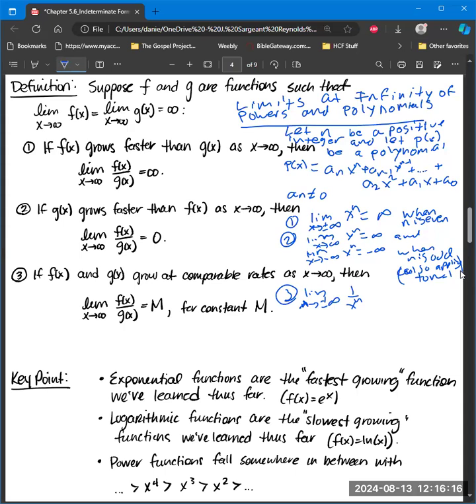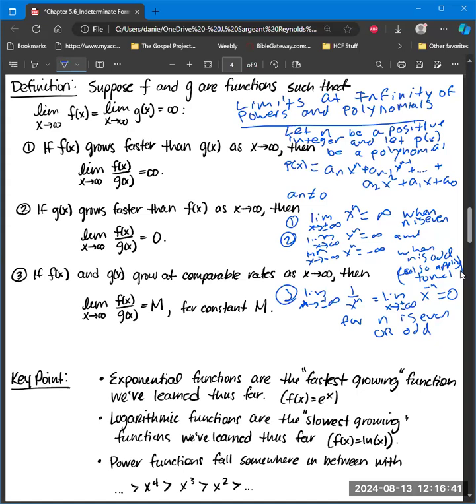If the power is in the denominator, it's going to be equal to the limit as x goes to plus or minus infinity of x to the negative n, which is going to be equal to 0. So this is for n even or odd. So those are the three things to get from here.